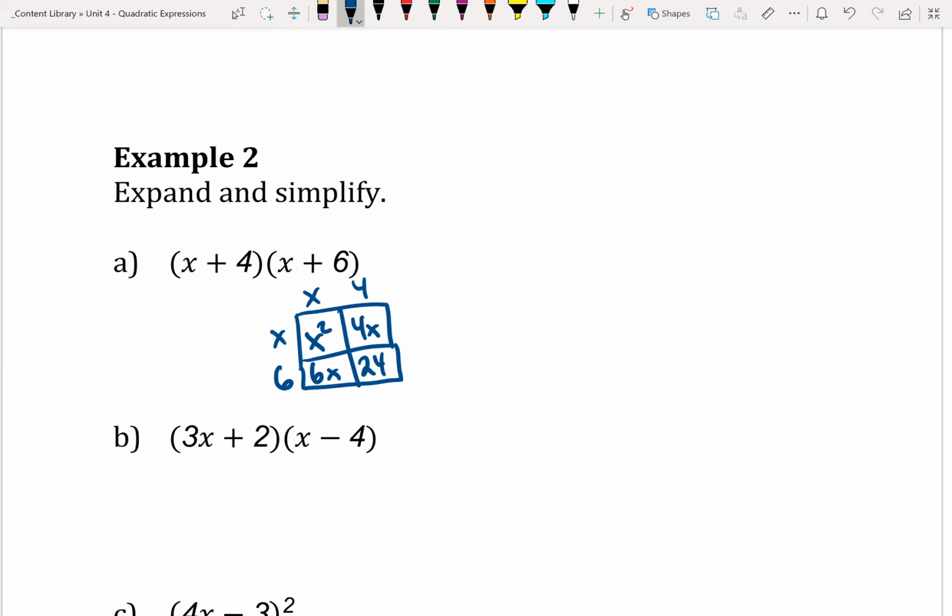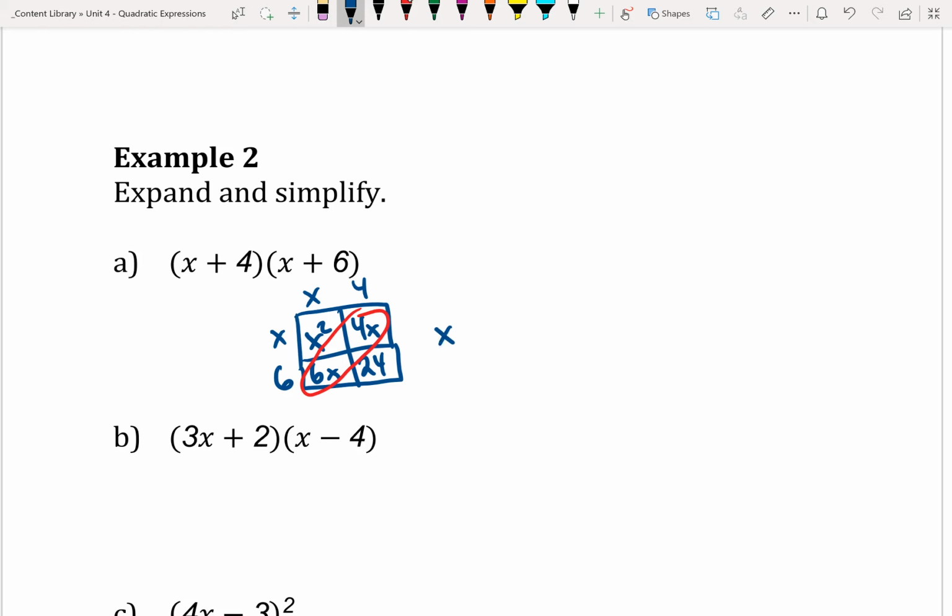And once I've done that, I should see that there are 2 numbers that I can add up. If I've done this right, it should be these 2 diagonals always. Again, it doesn't matter which side you put your brackets on. I could have x plus 4 on the side and x plus 6 on the top. I would still get the same answer in the end.